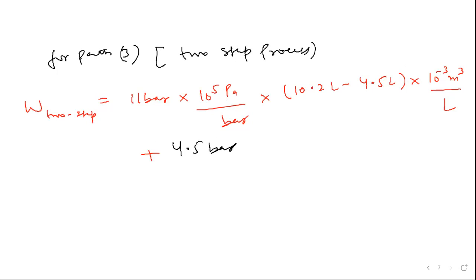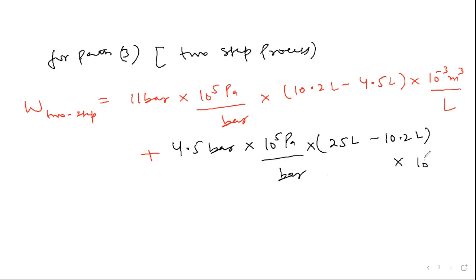So I write 4.5 bar multiplied by the conversion factor 10 raised to 5 Pascal over bar, times the difference in the volumes. My final volume is 25 liter now, minus 10.2 liter, times the conversion factor 10 raised to minus 3 cubic meter by liter.